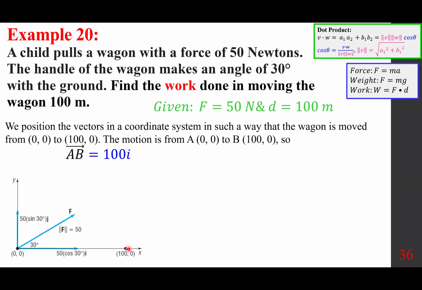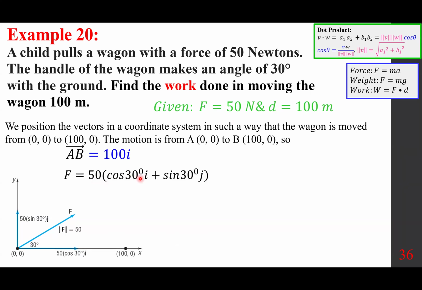AB, the distance is 100i. So this vector is 100i. This is 30 degrees. And this force has a magnitude of 50 with an angle of 30 degrees.